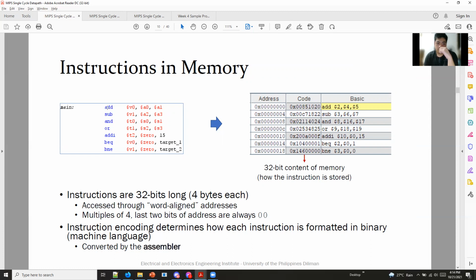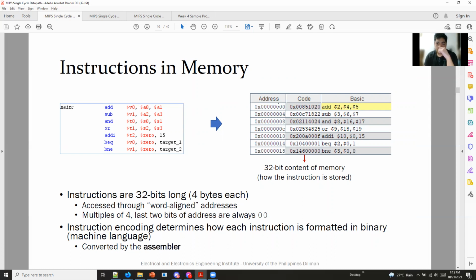So for example, ang instruction add V0, A0, A1, ma-convert siya to the add operation, tapos yung specific numbers ng registers, which is 2, 4, and 5. And then pag kinonvert mo yun into its binary equivalent, it's 00851020. And ayun, for example, magsa-start yung instructions natin at address 0, doon isusulat si first code.